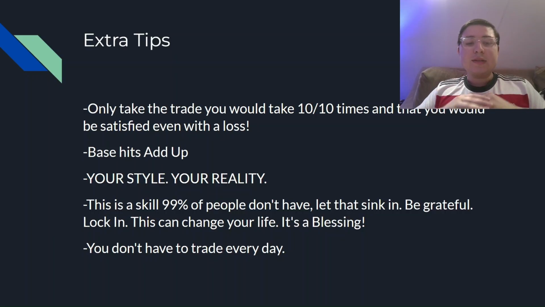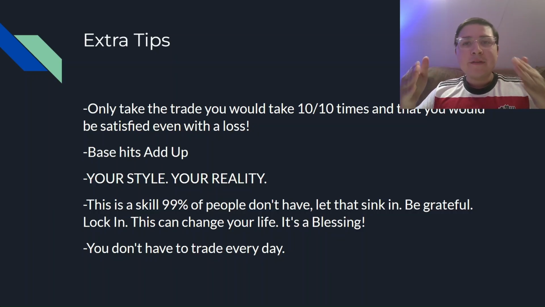So this is also a skill that 99% of people don't have. Let that sink in. If you're in a classroom with 20, 50 people, bro, the chance of someone knowing how to day trade is super small. And even if they do, most people quit. This is a skill 99% of people don't even have. They wouldn't even try because it's so hard. So if you're here every single day showing up, be grateful.